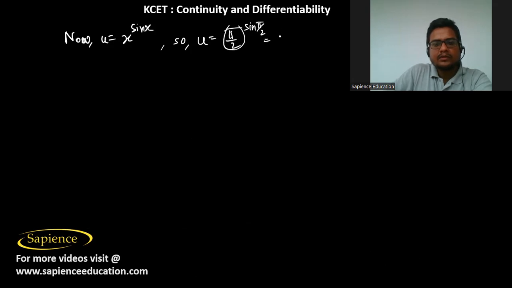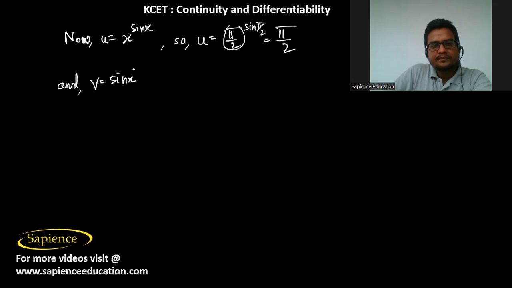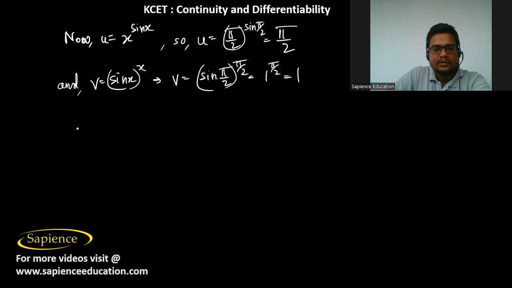Sin pi by 2 is 1, so this will be equal to pi by 2 at x equal to pi by 2. And v is equal to sin x power x, so v will be equal to sin pi by 2 whole power pi by 2. Sin pi by 2 is 1, 1 power pi by 2 is equal to 1 at x equal to pi by 2.